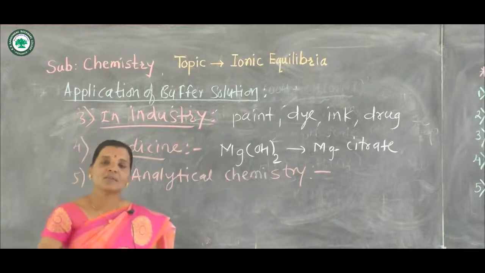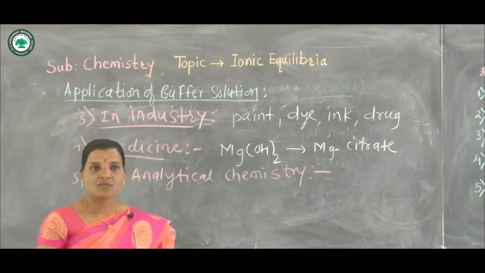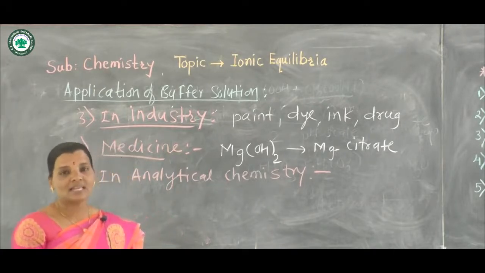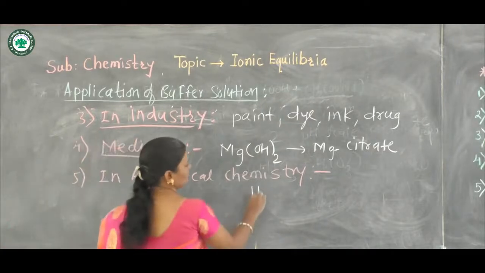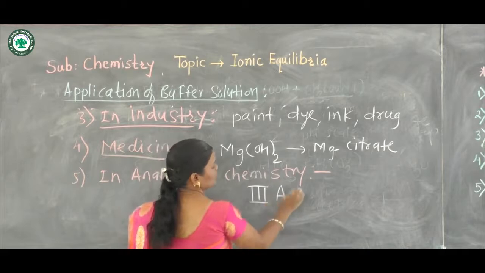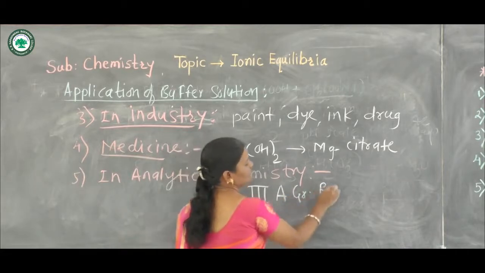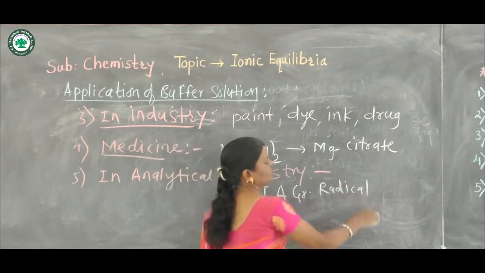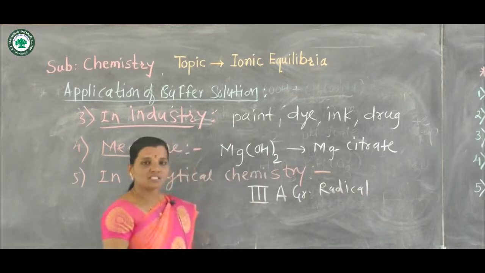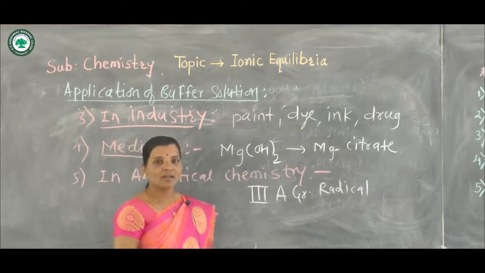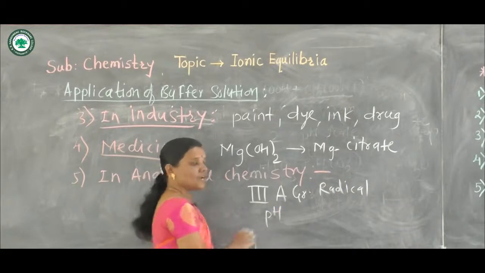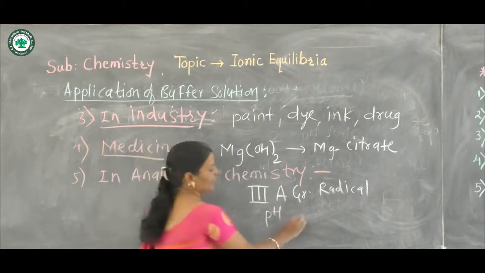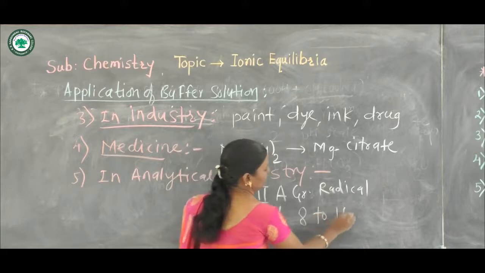Now in case of analytical chemistry, for the qualitative analysis of third A group radical, pH of solution should remain 8 to 10.